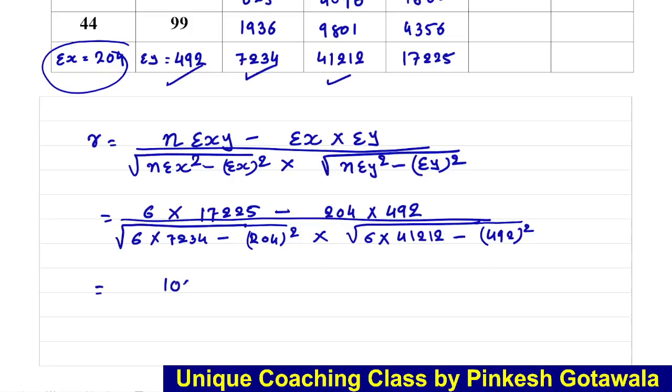Here 103350 into 492, 7234 into 6 is 43404.